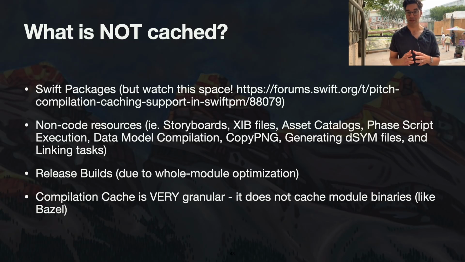So if you have a lot of video in your app, that might take longer. Release builds. There's no caching on release builds due to the way that the Swift compiler is optimized. None of the hashes would make sense when that happens. So the inputs would not match the outputs, the caches wouldn't. So you don't get any release build caching.